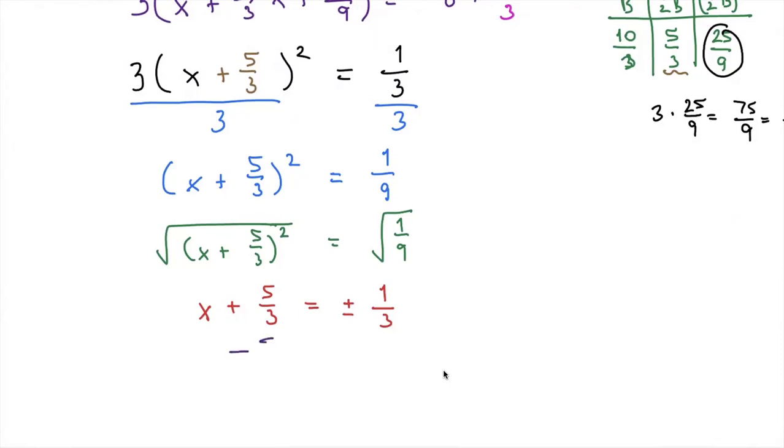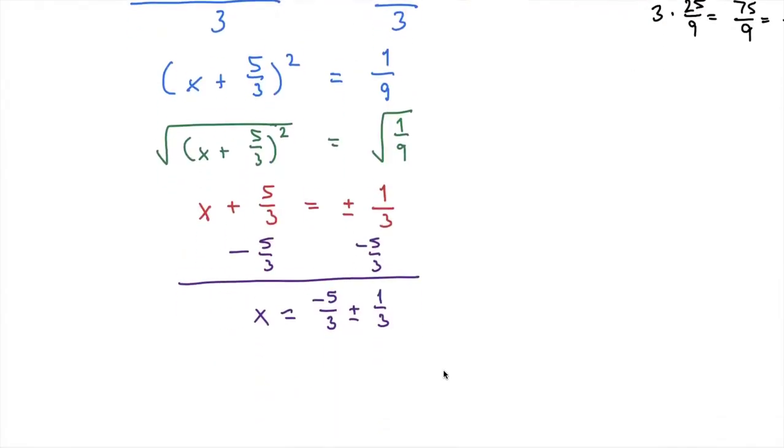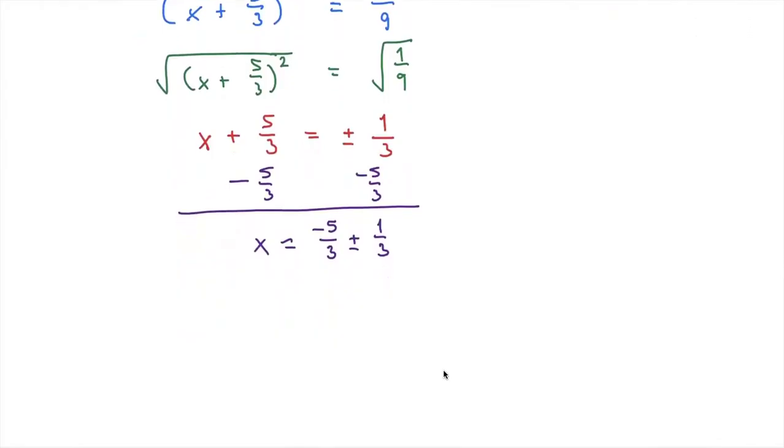We do that by subtracting: minus 5/3, minus 5/3. That leaves us with x equals, again, you write what you brought over before the plus or minus, -5/3 and then plus or minus 1/3. Since both of these are numbers, all we have to do at this point is rewrite it into 2 different equations.